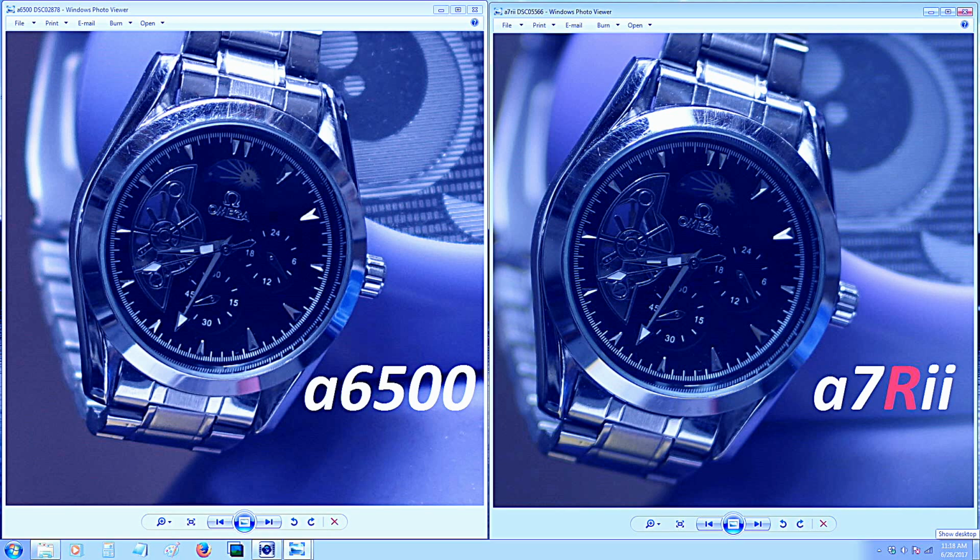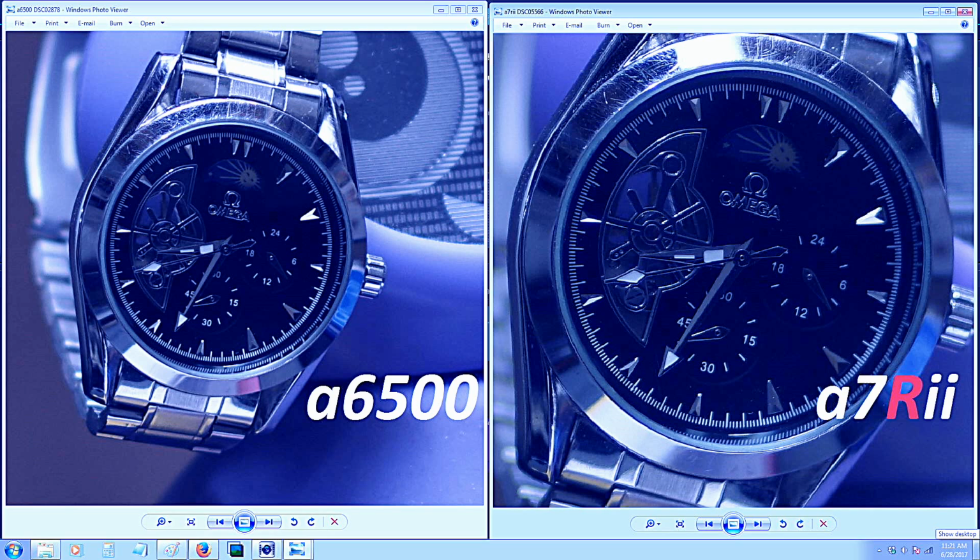I'm going to zoom in with the 85mm on this image, and you can see the image captured at 50% zoom in, and still the Sony a7R2 shows very beautiful, very detailed sharpness. There's no pixelation, so you can see the advantage of the Sony a7R2 over the Sony a6500 in terms of photo.